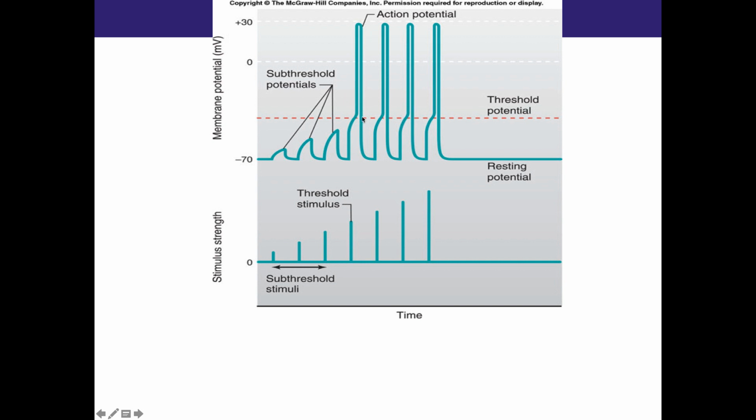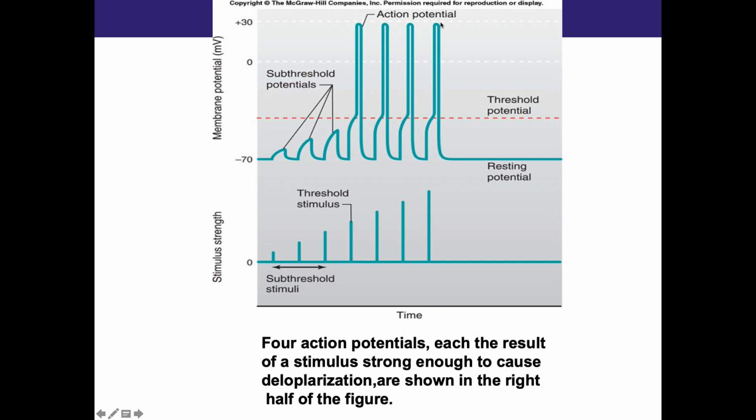You just need to reach threshold, and you can see the amplitude of the response is always the same. Okay? All right, so these four action potentials, each are the result of a stimulus strong enough to cause depolarization. That's shown in the right-hand part of the figure.